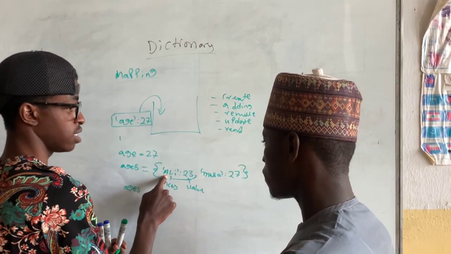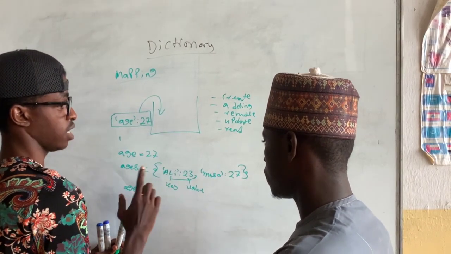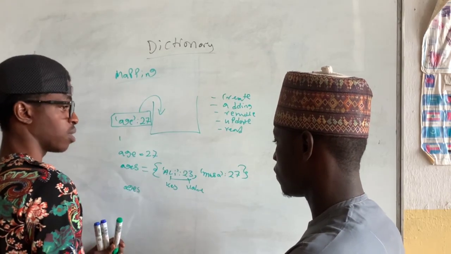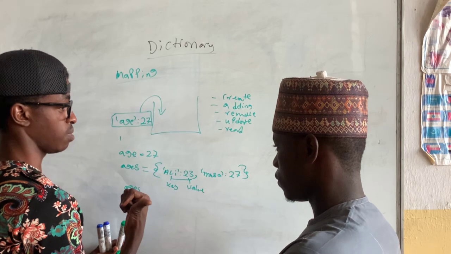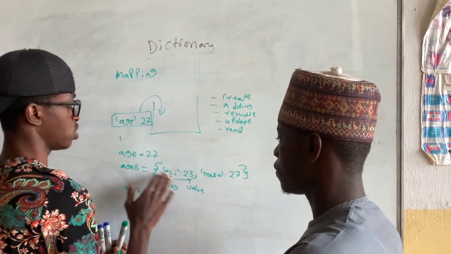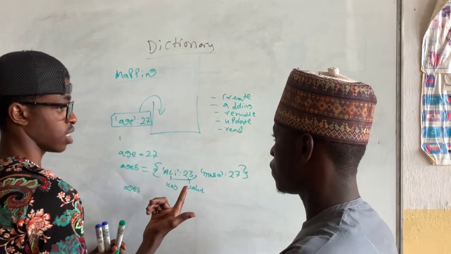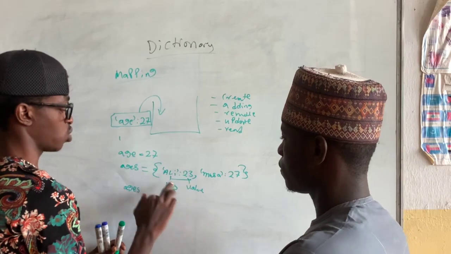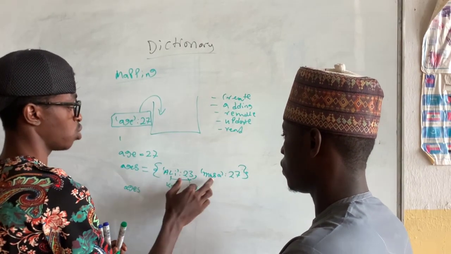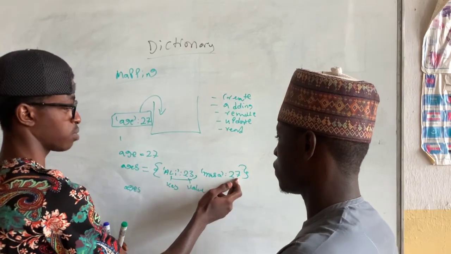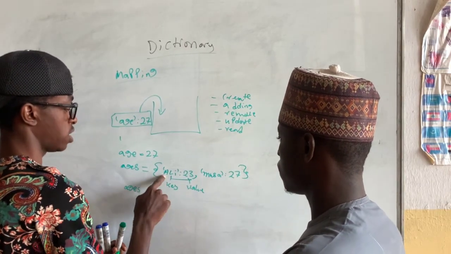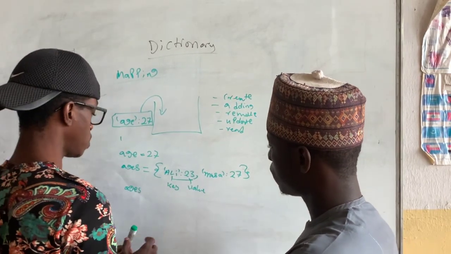Now I have Ali, so I will never have another Ali again. Even if I have another Ali, it's going to replace this one. It's not going to contain two. It's the same thing with a set. The set is unique. So this key is also unique, but the value can be multiple. I can put 23 here, and I can have 23 here again. But the keys, no. Do you understand?